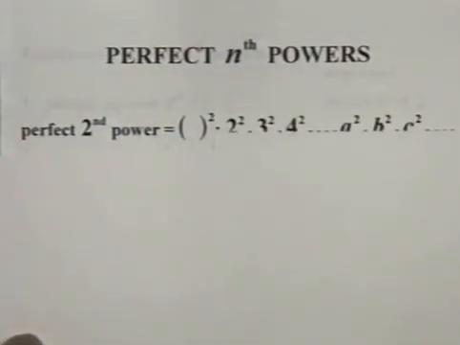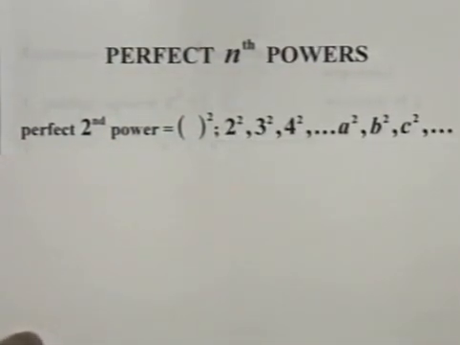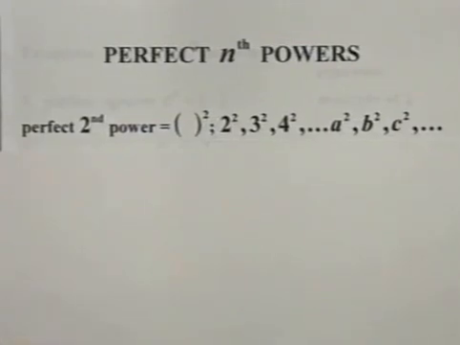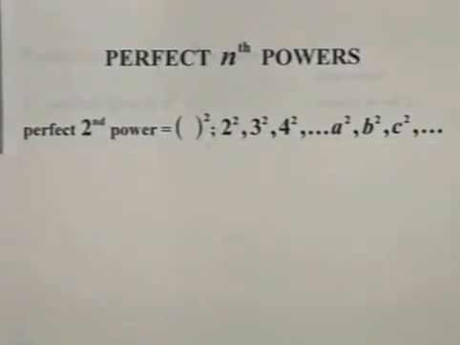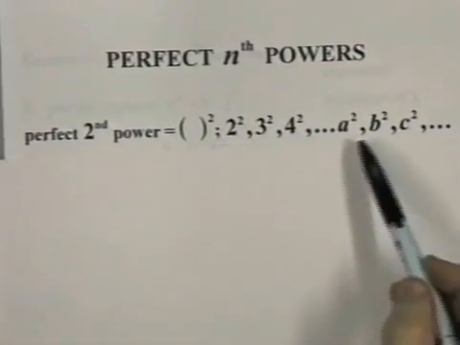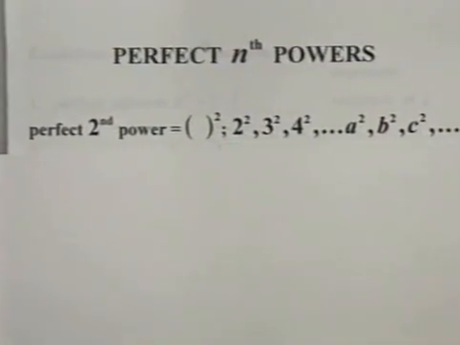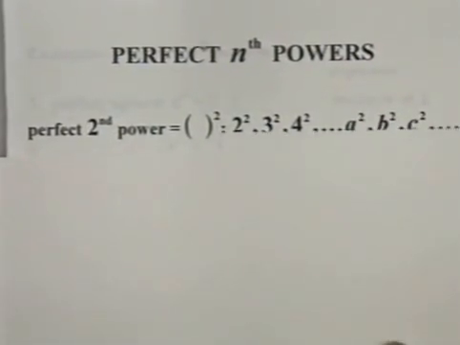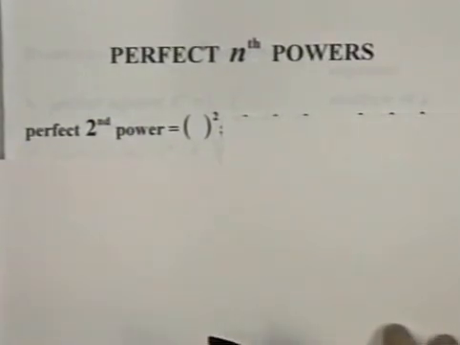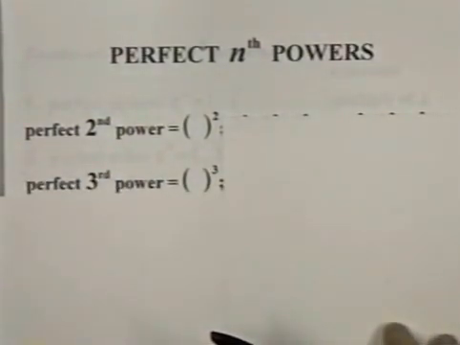And here's a bunch of obvious perfect 2nd powers. 2 squared, 3 squared, 4 squared, and of course if you had variables, a squared, b squared, c squared, and so forth. How about perfect 3rd powers? Well, same thing.